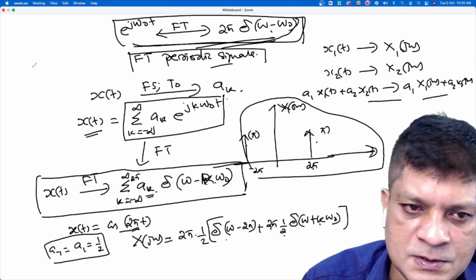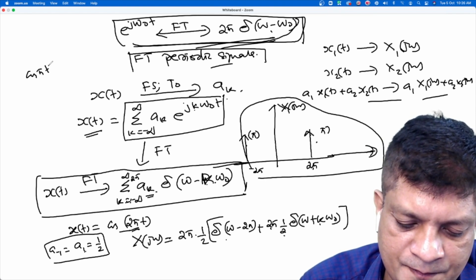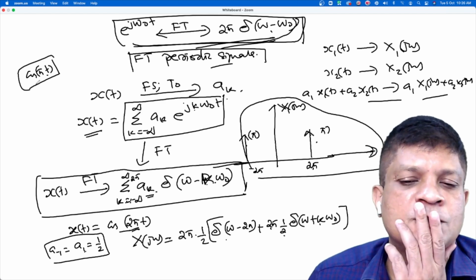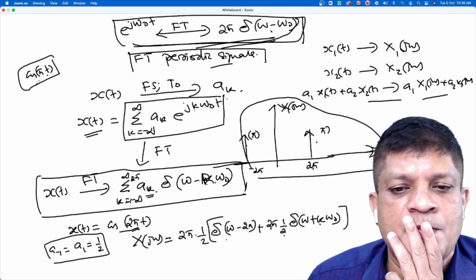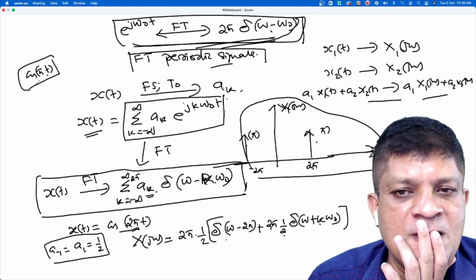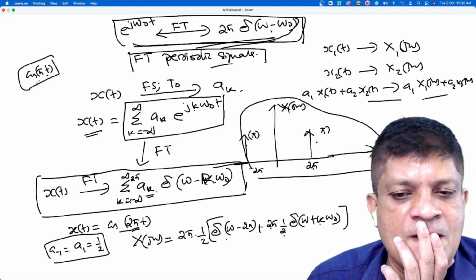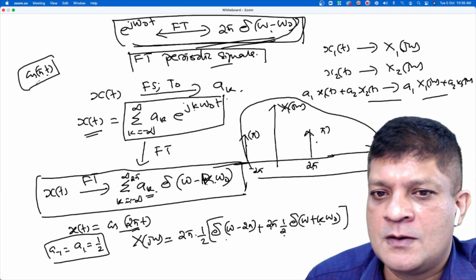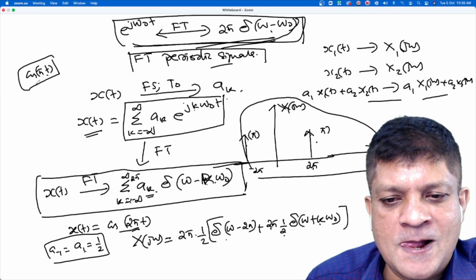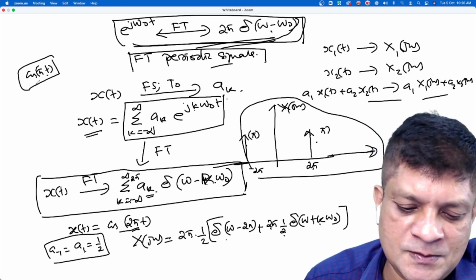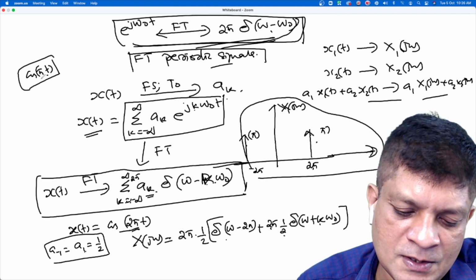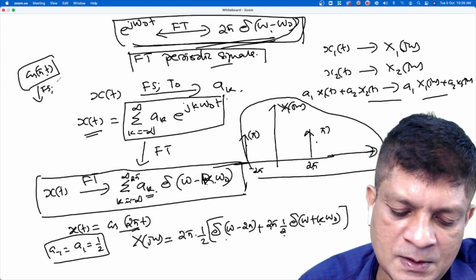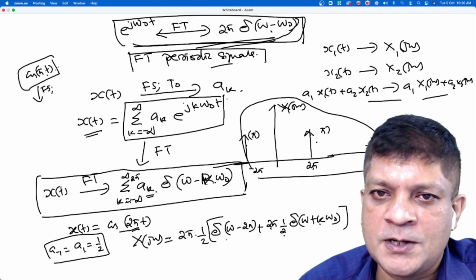Now what about the signal cos pi t? Can you tell me what is the spectrum of this signal? Is it the same spectrum? The impulses will be at minus pi and pi, because if you find the Fourier series of this, what is the fundamental period of cos pi t?